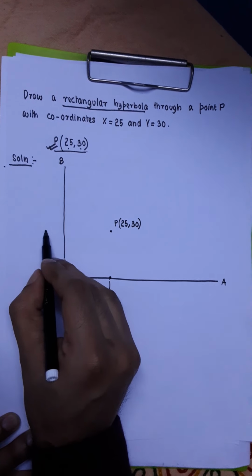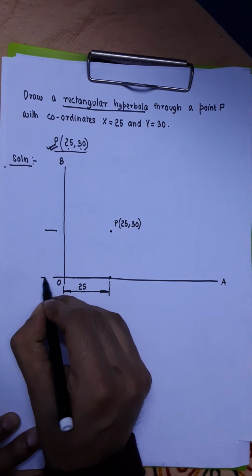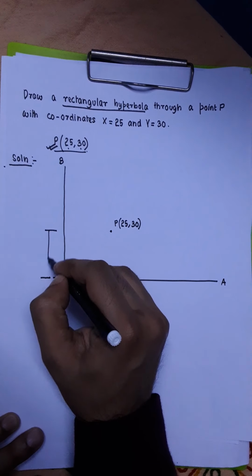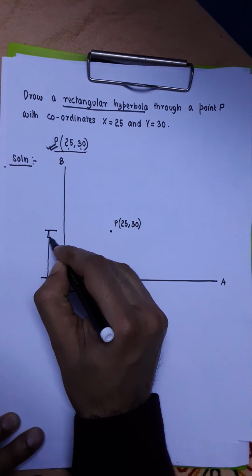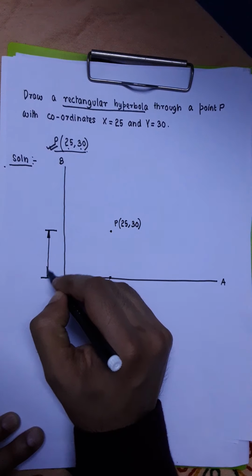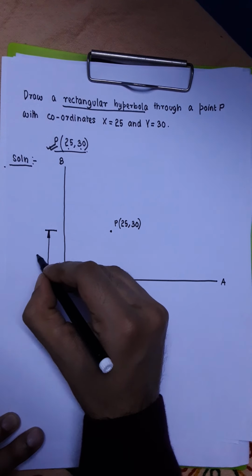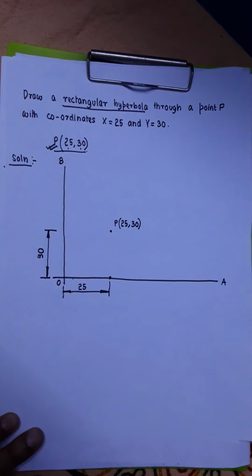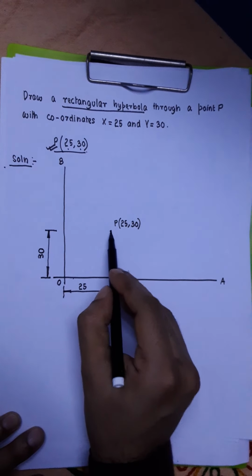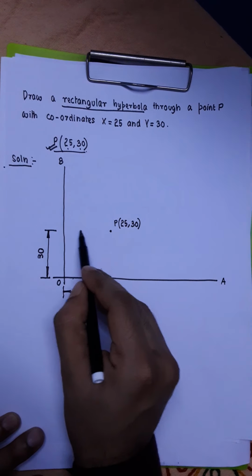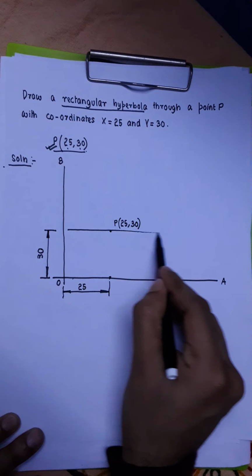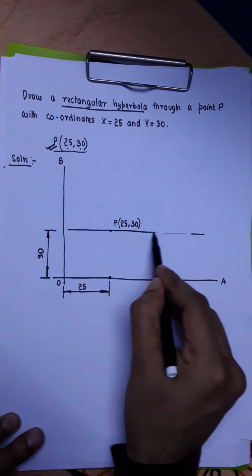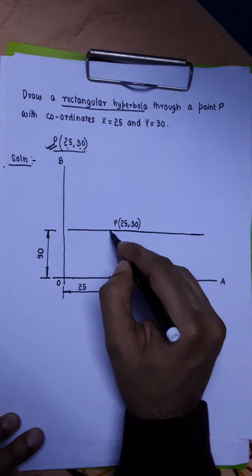So this distance is 30 millimeter. Now through this point P, I will draw a horizontal line and a vertical line.